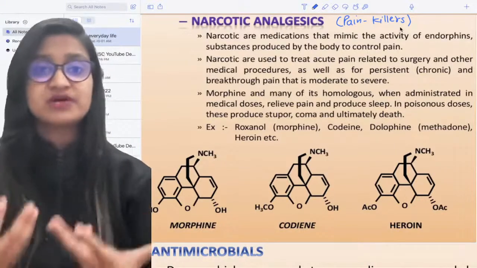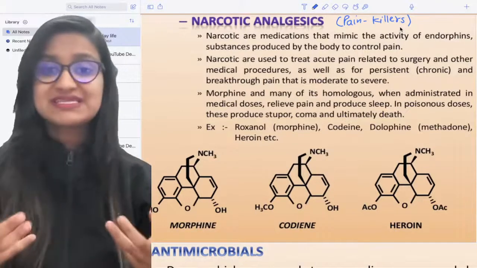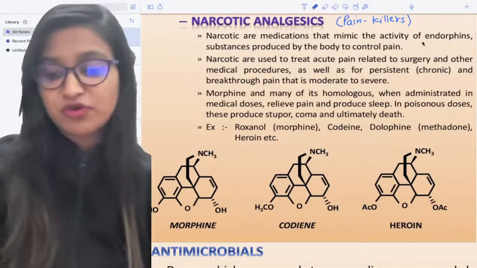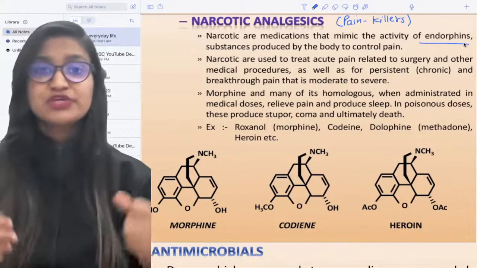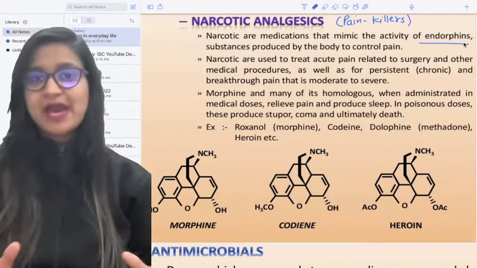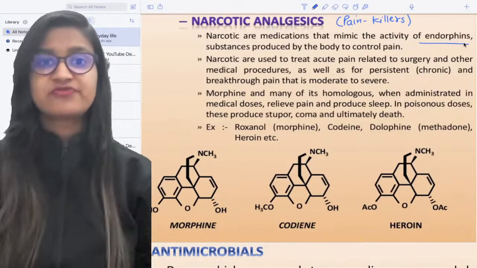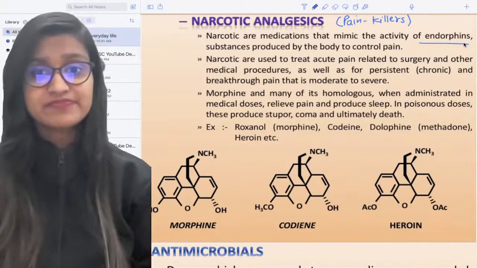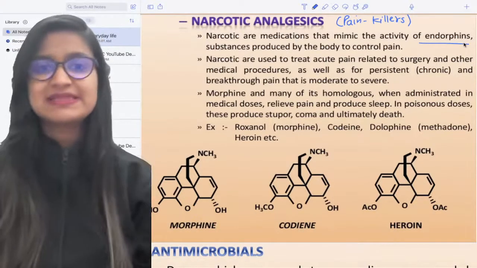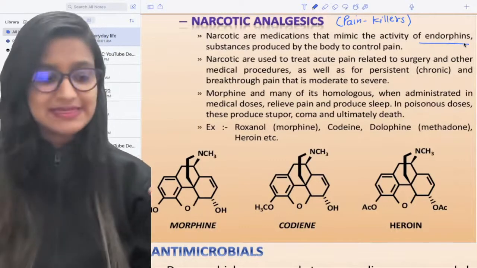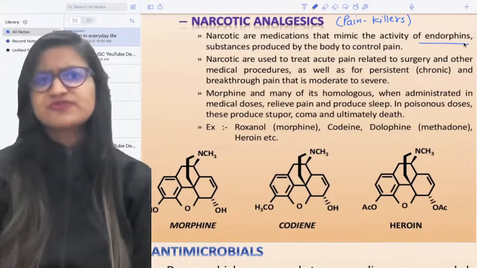Now how do they work? Narcotic analgesics basically mimic the activity of endorphins. Now what is the work of endorphins? Whenever you are happy and satisfied, your body produces endorphins, which make you feel happy, right? Or whenever your body has pain, mental illness or physical illness, if your body produces endorphins, you feel better.